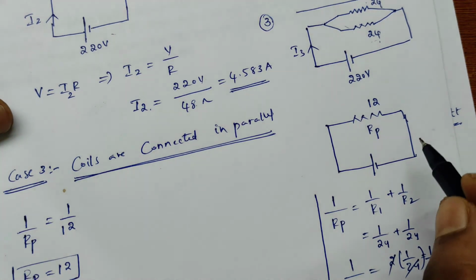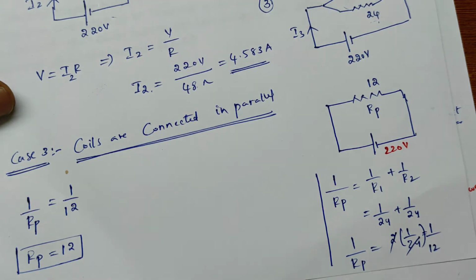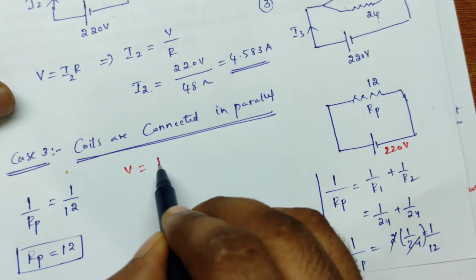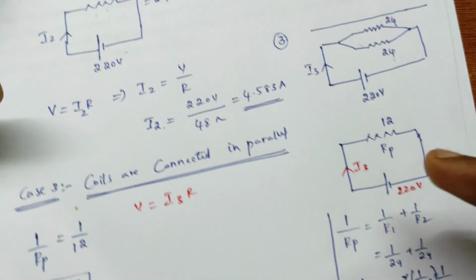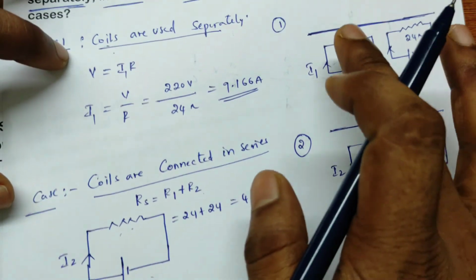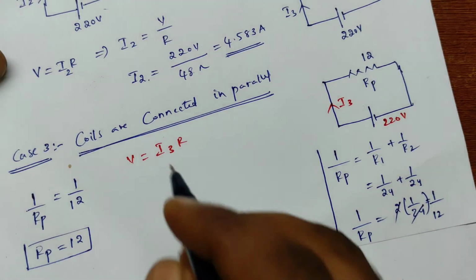And we already know that the voltage is 220 volts. Again we are going to apply Ohm's law only. So V is equal to I3R. Here in this case we consider the current to be I3, so this is I3, I2, I1 like that.